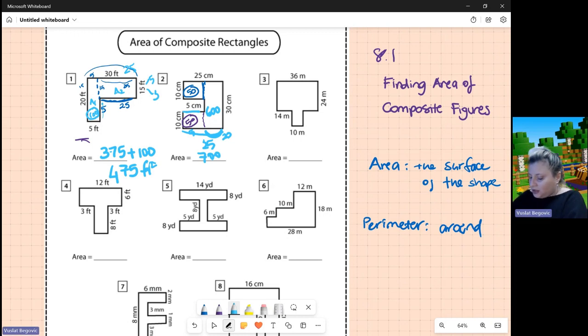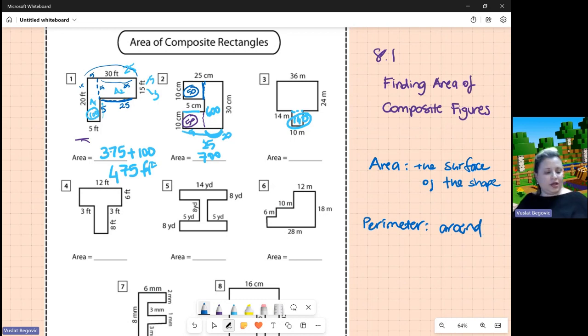Okay, and the last one I am solving is rather easy. You see that there's a rectangle in here and a little rectangle in here. 40 times 10 is 400, so this part is completed. But then 36 times 24 will be a little bit complicated. 36 times 3 is 108, times 8.